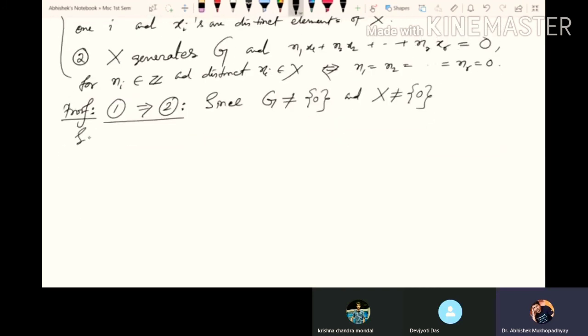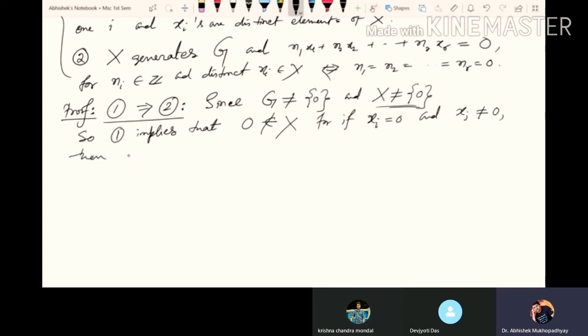And since 1 holds, 0 will never be in X. For if some element is 0, and if we consider another non-zero element in X, since X is not equal to 0 as we have already stated, then you will have two representations of xj.